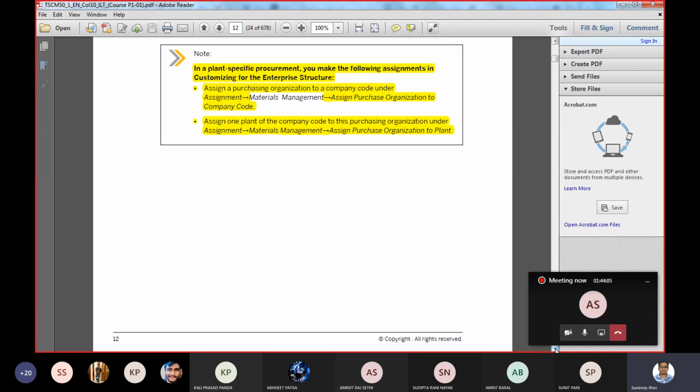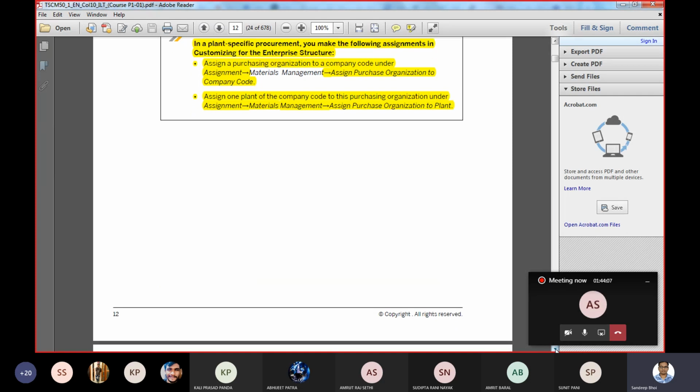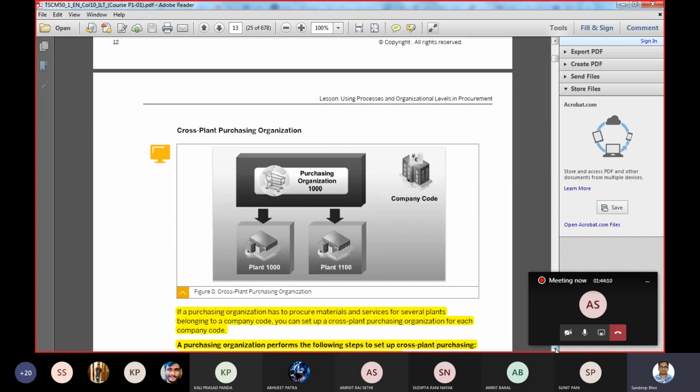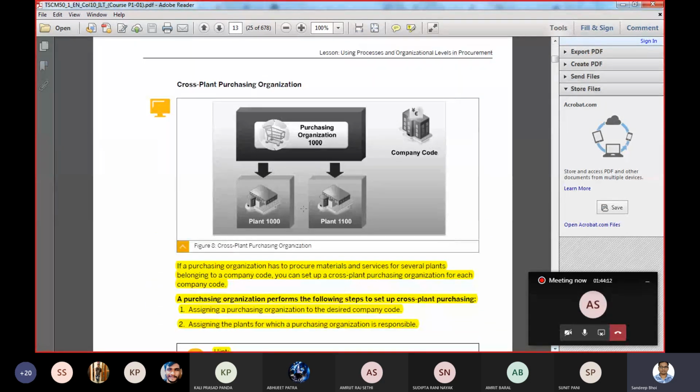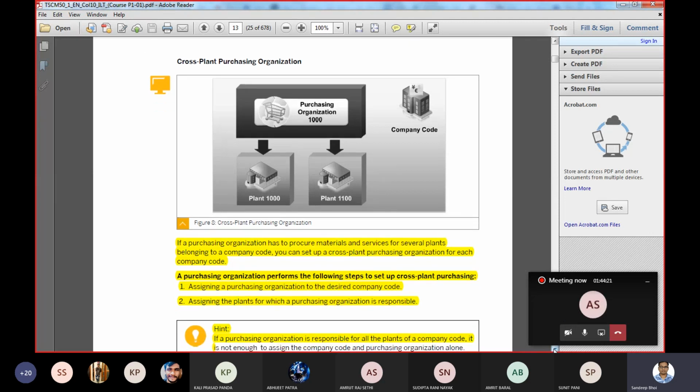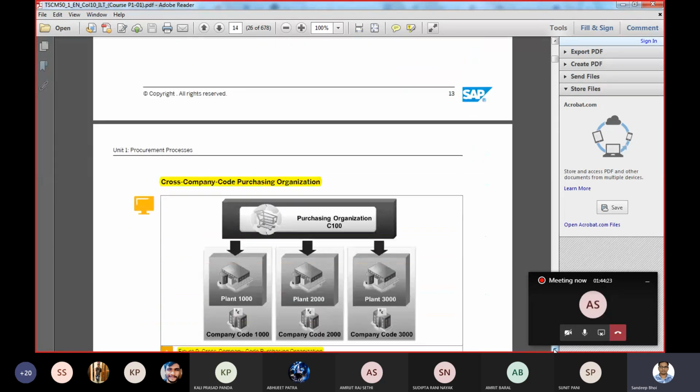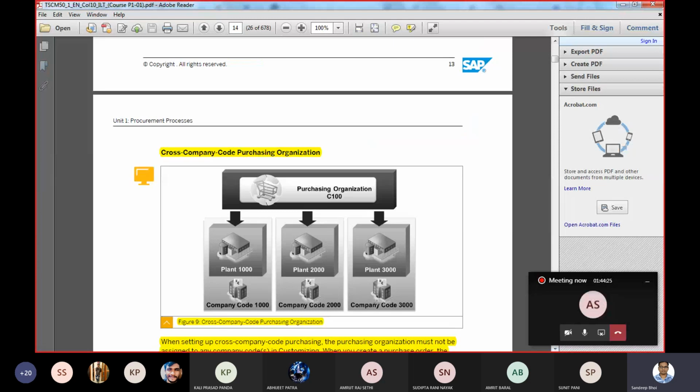If two different plants share one purchasing organization, that is called a cross-plant purchasing organization. And if the purchasing organization is associated with different plants belonging to different company codes, then that is called a cross-company-code purchasing organization.